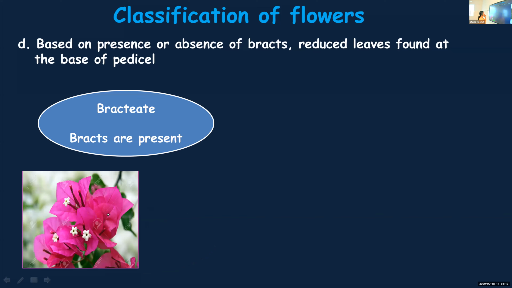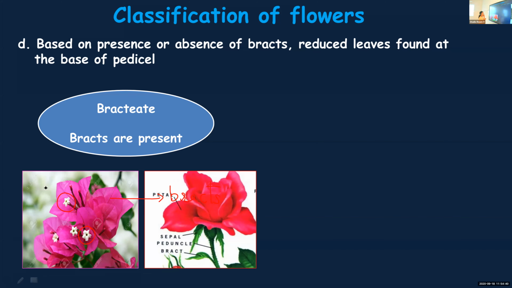See here, in bracteate flowers, bracts are present. In bougainvillea, actually this is the flower. And what color is that? Magenta. Or it comes in different colors also. These are actually their bracts, which are colorful. Then in a rose flower, this is the bract.